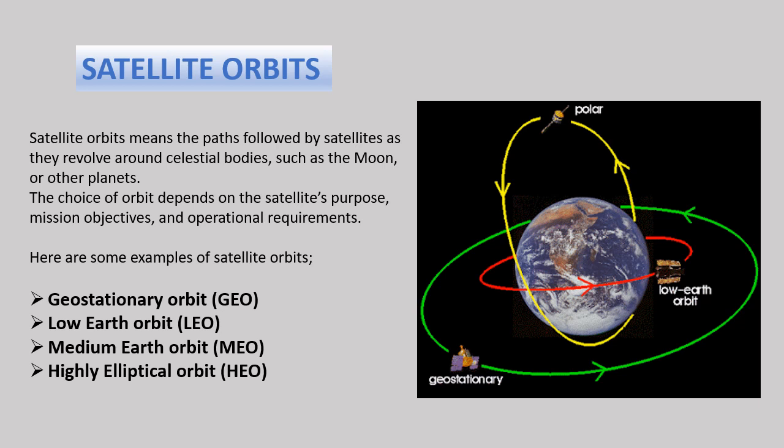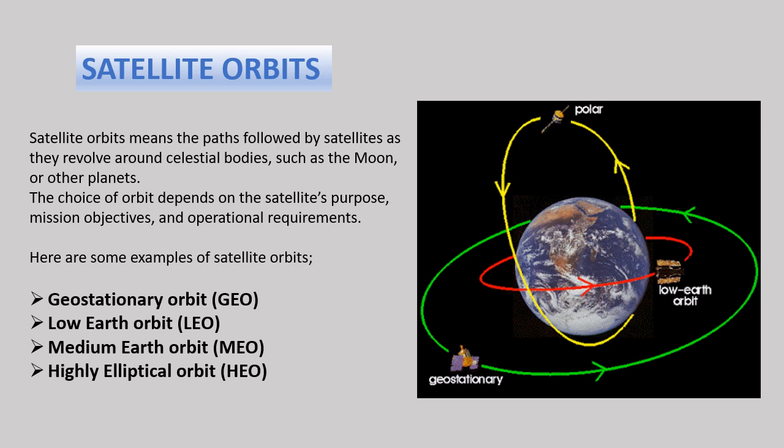Looking at the diagram beside, you will see the low Earth orbit and the geostationary orbit. Now, here are some examples of satellite orbit. We have geostationary orbit, GEO, the low Earth orbit, LEO, the medium Earth orbit, and the highly elliptical orbit.